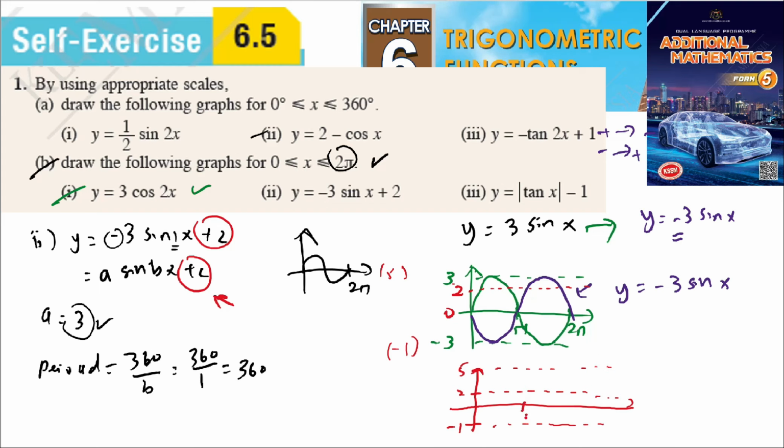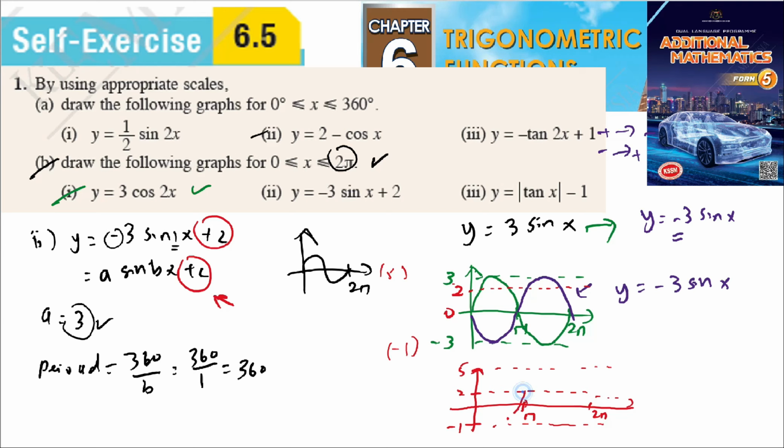So if this is pi and this is 2 pi, so you are going to do the purple one, right? So the purple one is starting from here, from 2 to here. You see here it's going here to here, but then from 2 up to 2 again. So this one up to negative 1.